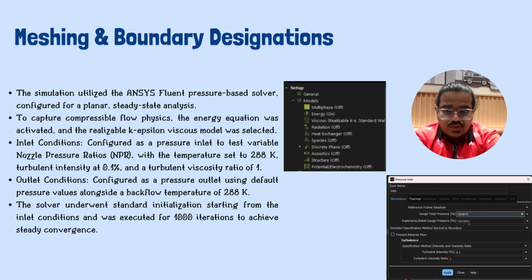Outlet conditions were configured as a pressure outlet using default pressure values alongside a backflow temperature of 288 Kelvin. The solver underwent standard initialization starting from the inlet conditions and was executed for 1000 iterations to achieve a steady convergence.